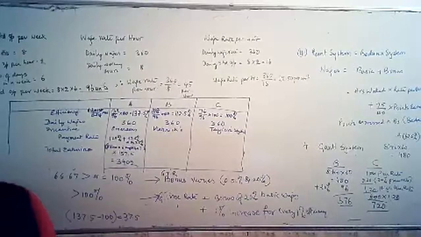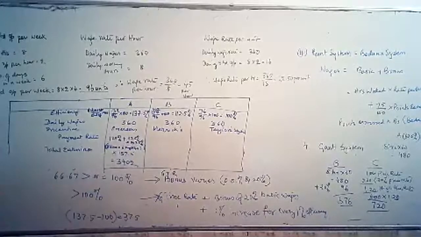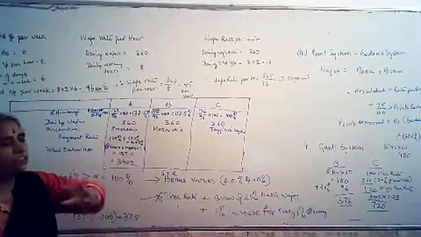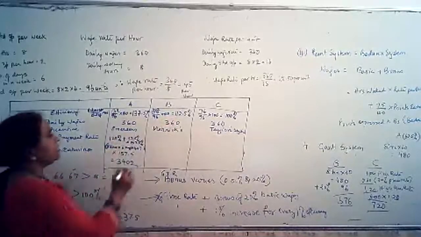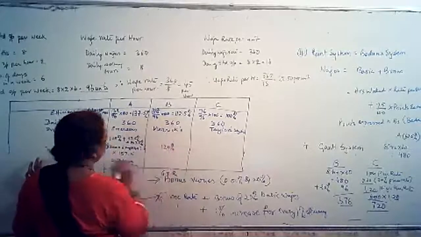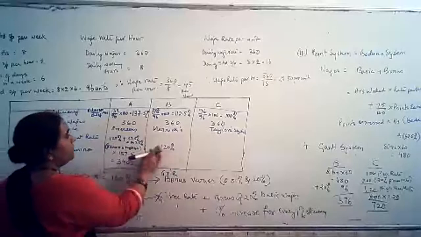He will get up to 83% in the first bucket, 83 to 100 is the second bucket, and the last bucket is more than 100%. Here he is more than 100%, so he will fall in the third bucket, wherein he will get 120%. 120% will be the payment rate.